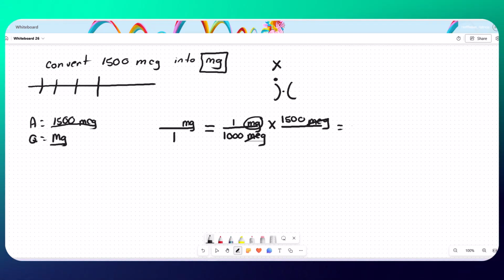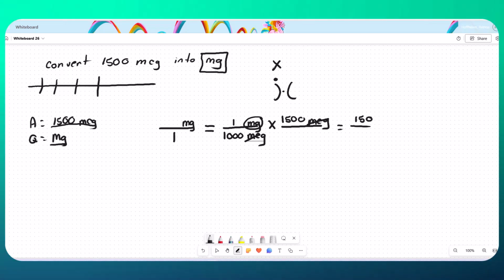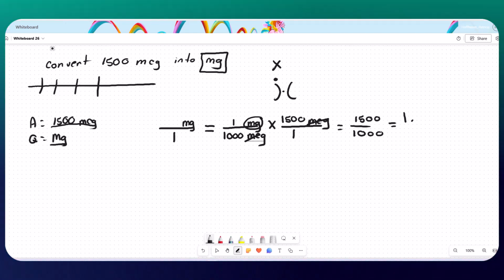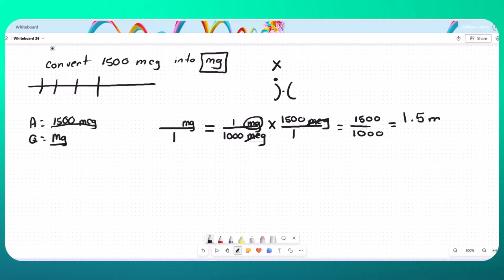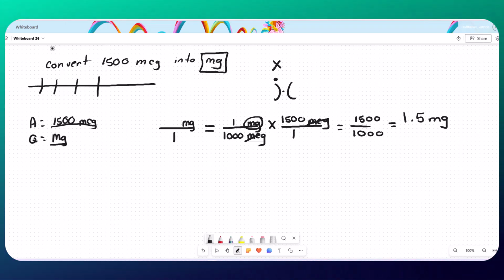All I have to do now is the math. 1 times 1,500. There's an understood 1 under there. 1 times 1,000 is 1,000, and that is going to equal 1.5 milligrams.